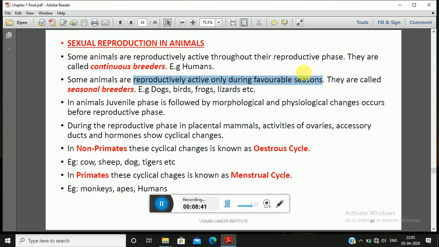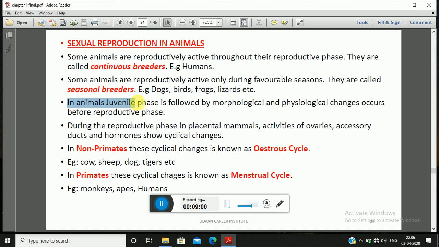During a particular season they will be active, after that they once again become inactive. These kinds of animals are known as seasonal breeders. Examples: dogs, birds, frogs, lizards.